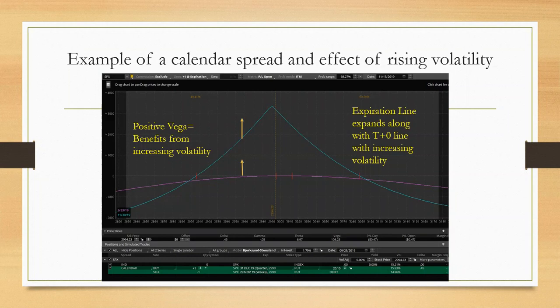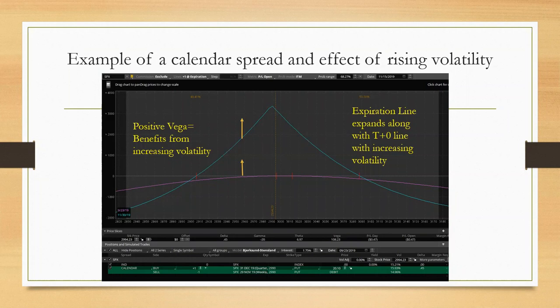But people do use these for earnings plays, and the volatility crush can be beneficial if you are positioned right in your trade. So to answer your question, yes, that's a possibility. There's a lot of nuances to the way the volatilities move because you've got a short dated leg and a long dated leg, and the volatilities can move independently of each other.